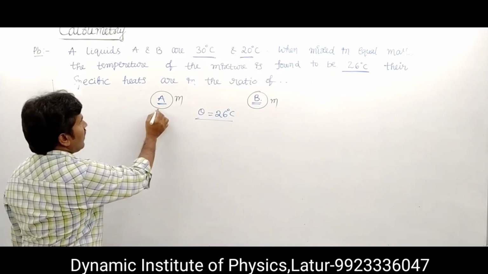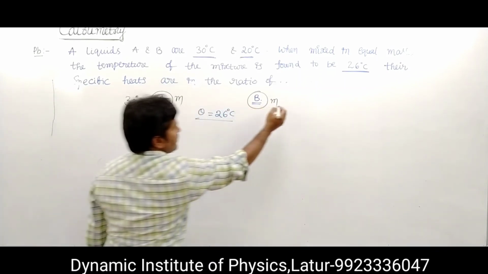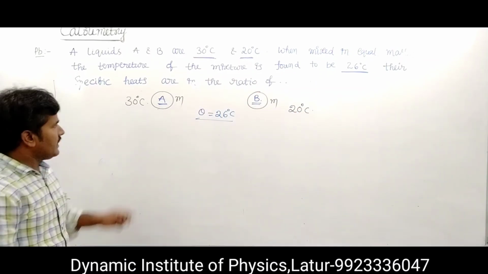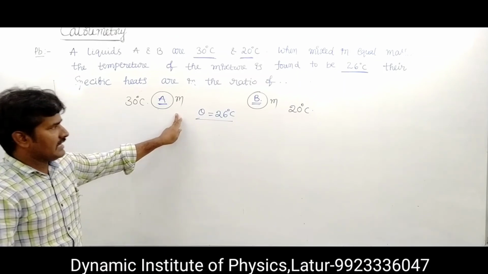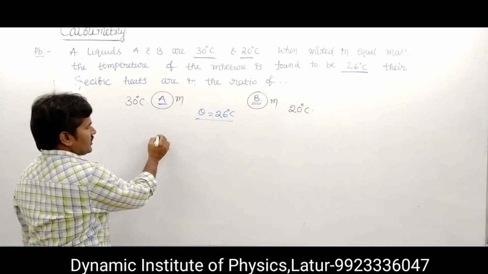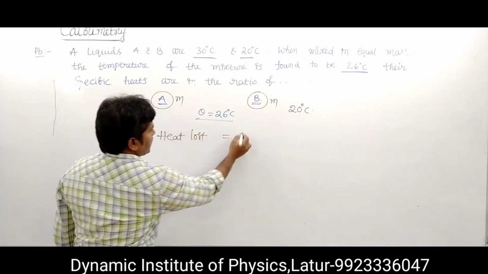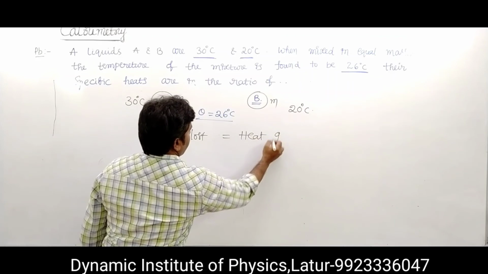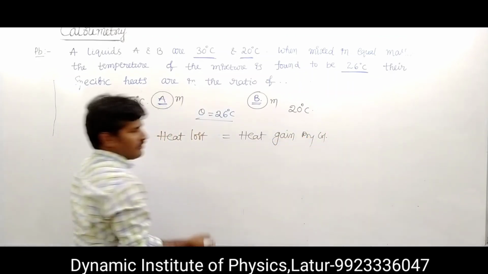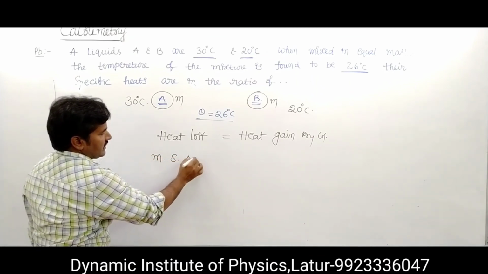So this is the hot body, with initial temperature 30 degrees centigrade, and this is the cold body, with initial temperature 20 degrees centigrade. Heat lost by hot body equals heat gained by cold body, given by m into s into delta theta.